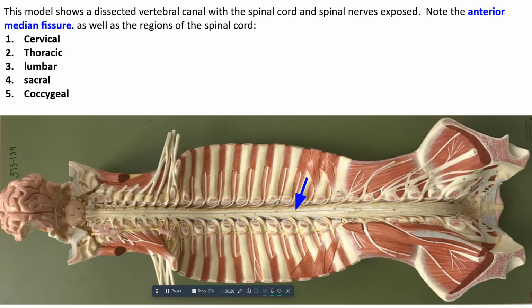I do see in the front of my spinal cord here, this line, this is called the anterior median fissure. I can also note that my spinal cord is going to have cervical region, thoracic region, lumbar region, sacral region, and even a little coccygeal region.